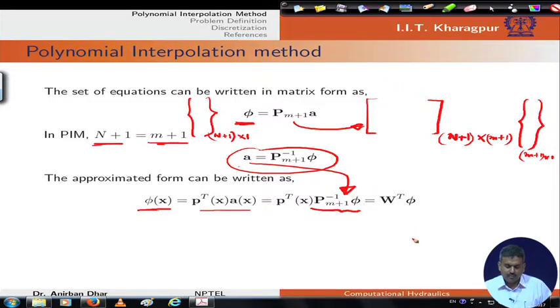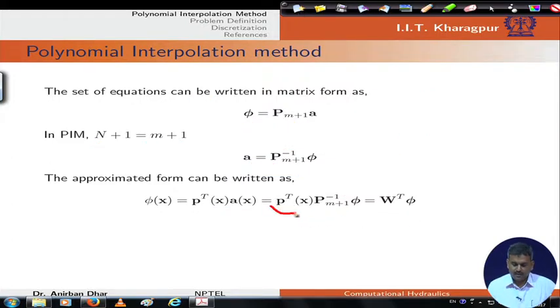So, we can represent this first portion, P transpose P inverse, as W transpose, which is our weight function, and phi is individual function values.